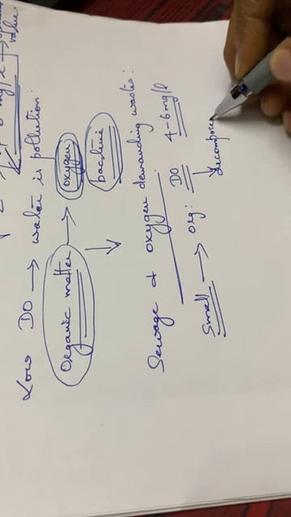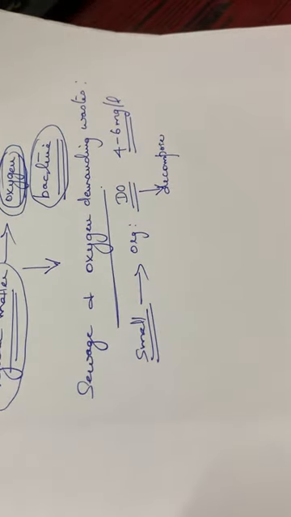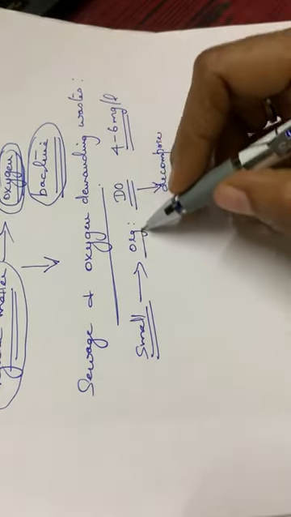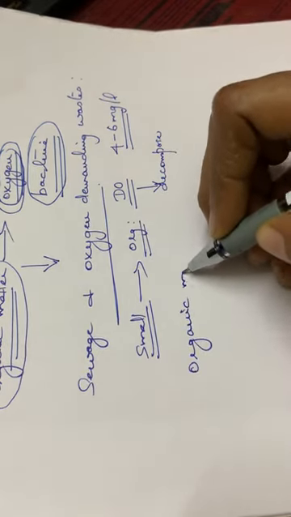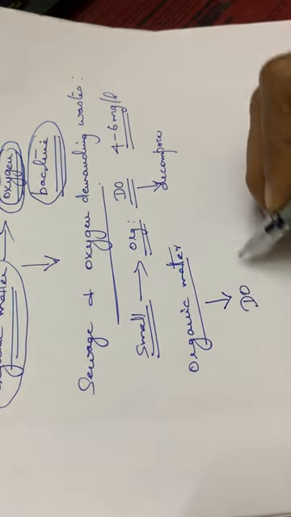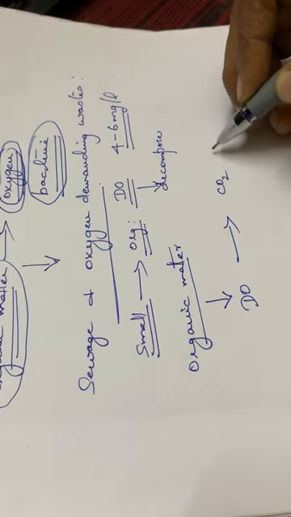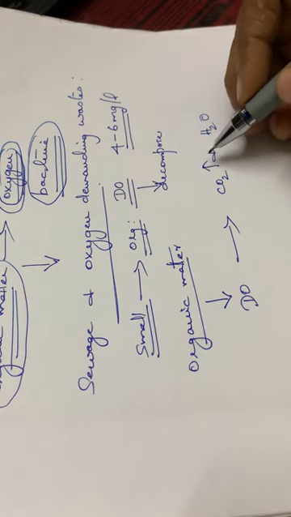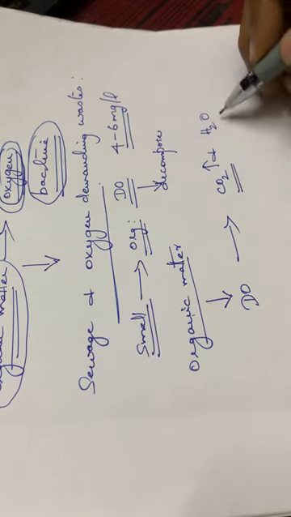The bacteria will decompose the organic matter in the presence of sufficient dissolved oxygen. It will be converted to carbon dioxide and water. Carbon dioxide is a gas, so it can escape into the atmosphere.